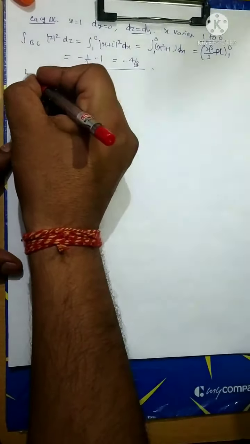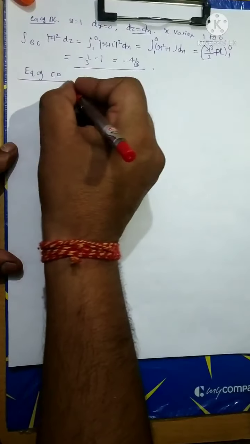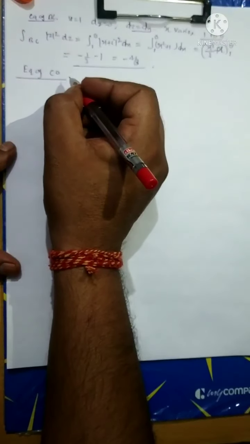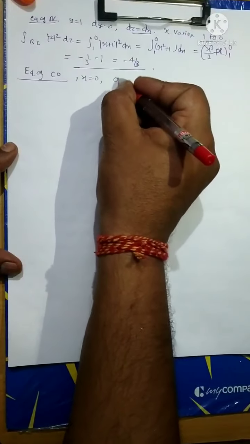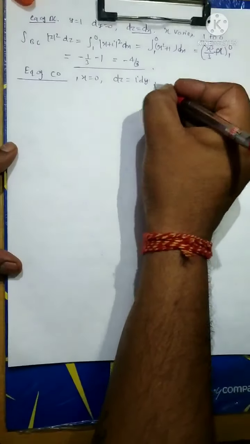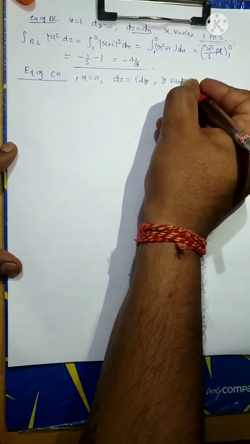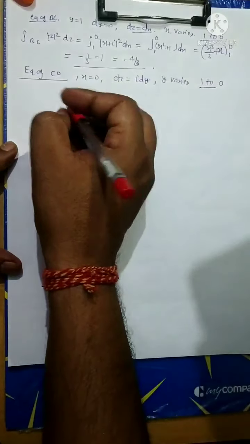Now equation of CO: x is equal to 0. Now dz converts into i dy, therefore y varies 1 to 0.